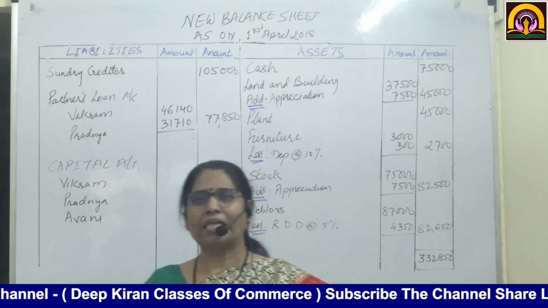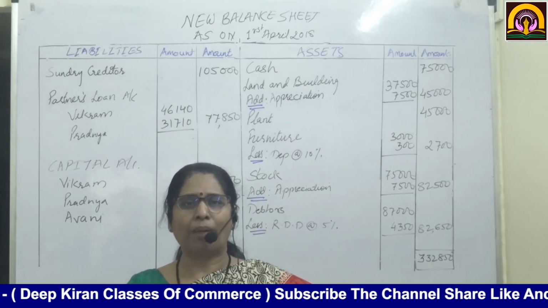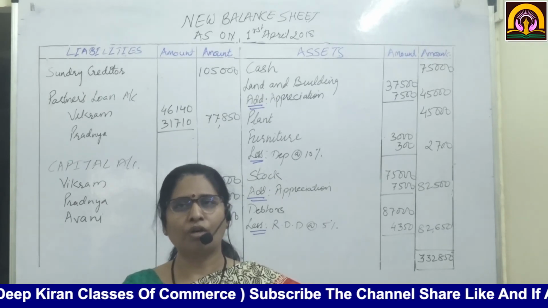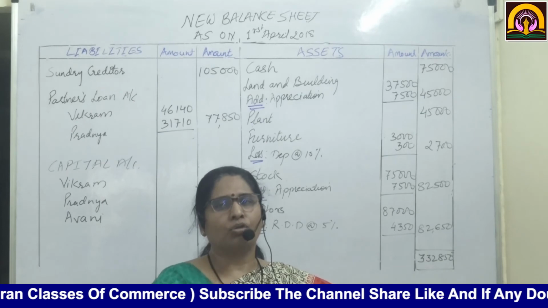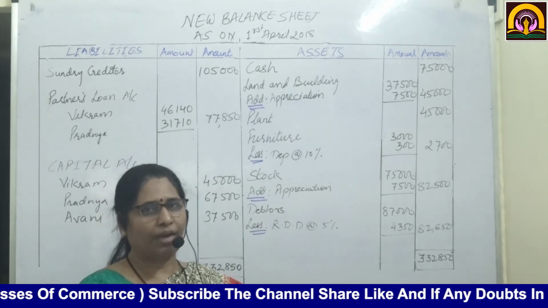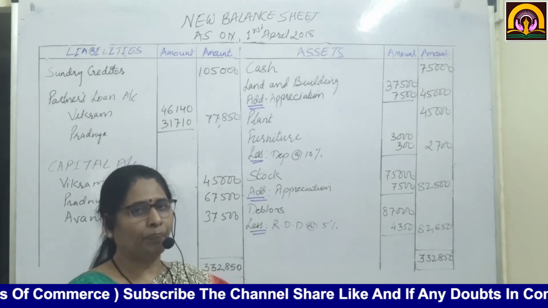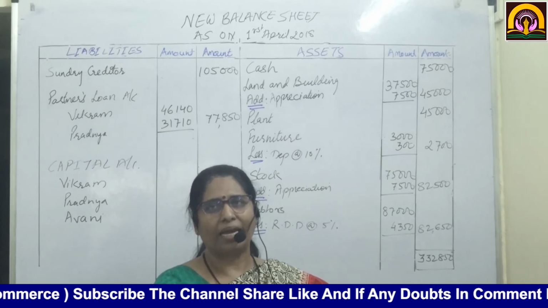Now on the asset side, I had prepared the cash account. In that the balance carried forward was how much? 75,000. So cash account, outer column 75,000. Then land and building, there is appreciation in the land and building.